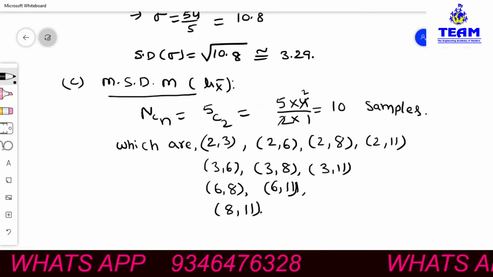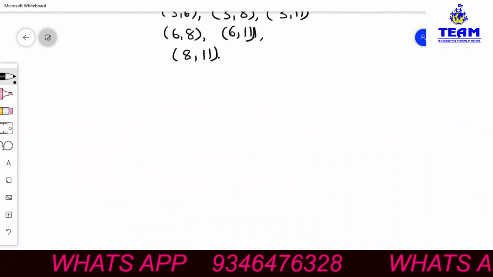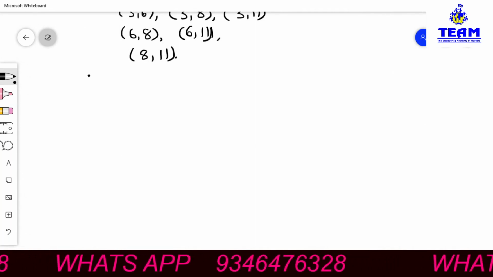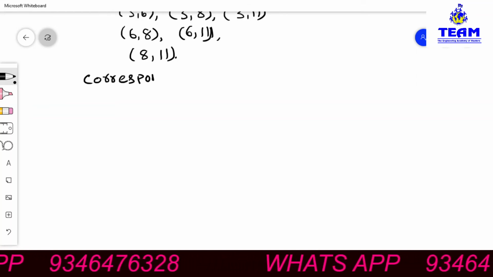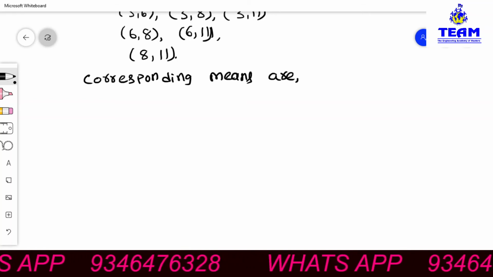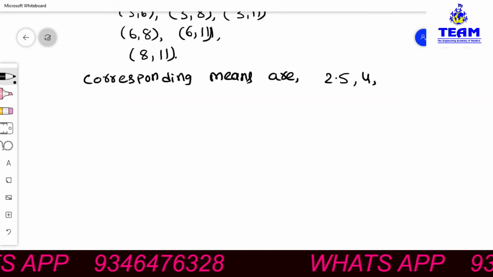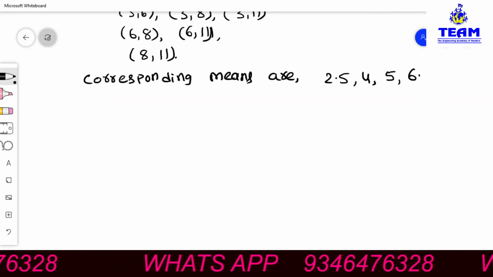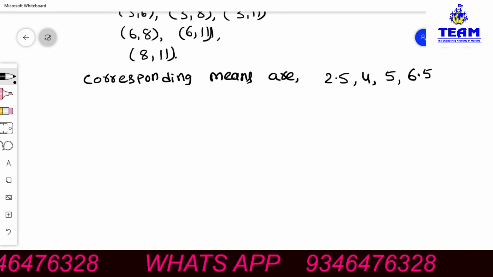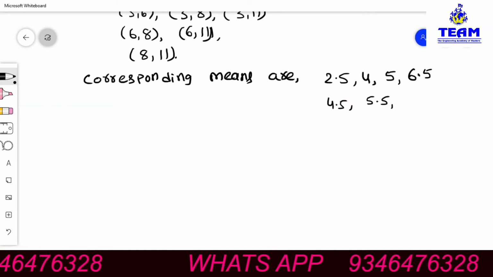Now their corresponding means are 2.5, 4, 5, 6.5, 4.5, 5.5, 7.